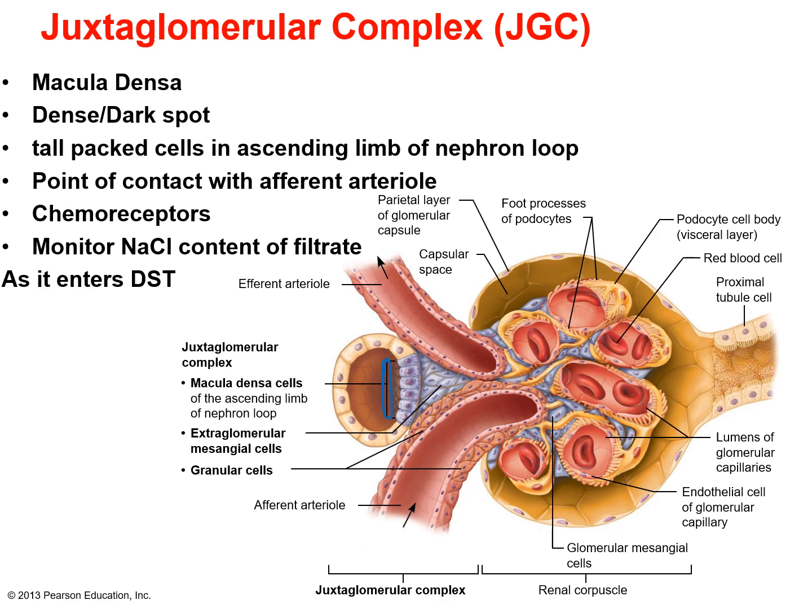This is actually a point of contact between the ascending limb of your nephron loop and that afferent arteriole. Why the macula densa is important is that this is where the cells are chemoreceptors. They're monitoring the sodium chloride content of your filtrate as that filtrate is entering into your distal convoluted tubule.